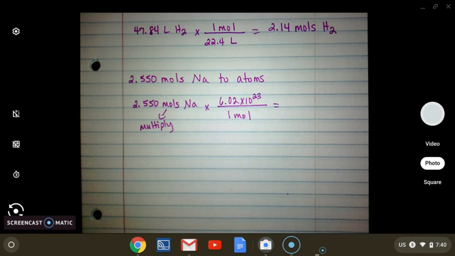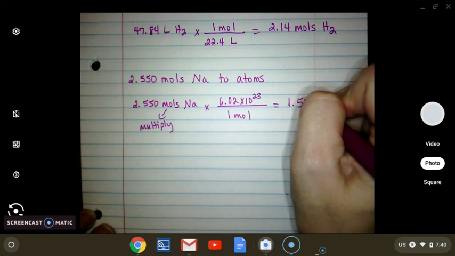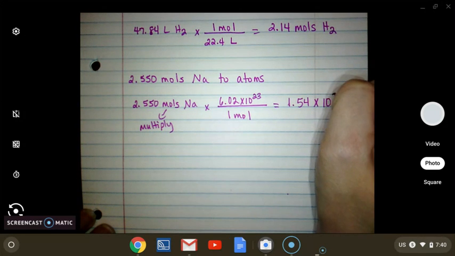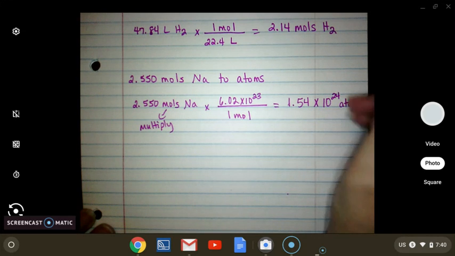So this one, I have to turn my phone calculator sideways. So you take 2.550 times 6.02 times 10 to the 23rd, and you should get 1.54 times 10 to the 24th atoms Na.